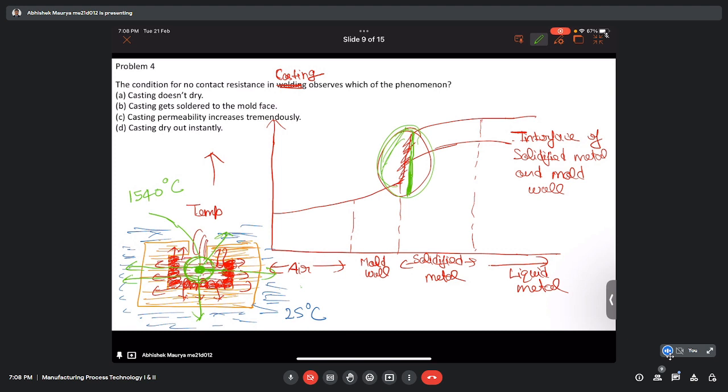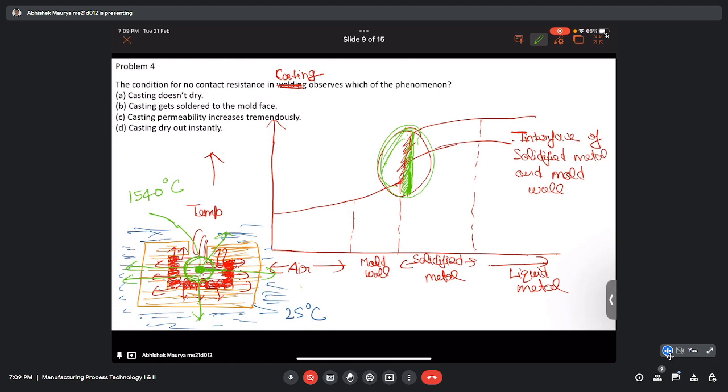If you closely see, if the wettability of the molten metal with the mold wall is very good, then this contact is very good.